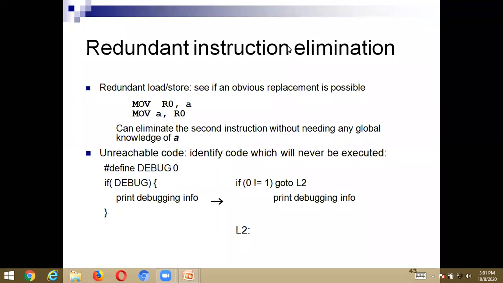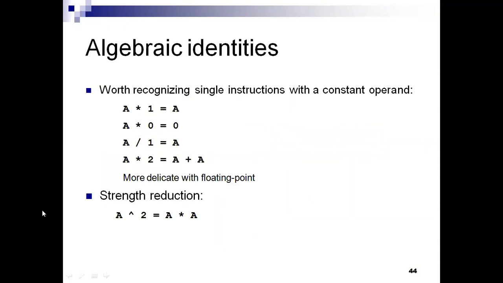To improve the code, we are performing all these transformations. The next transformation is algebraic identities. These can also be called algebraic simplification, a very effective technique in peephole optimization.